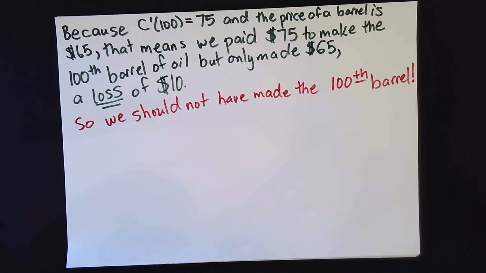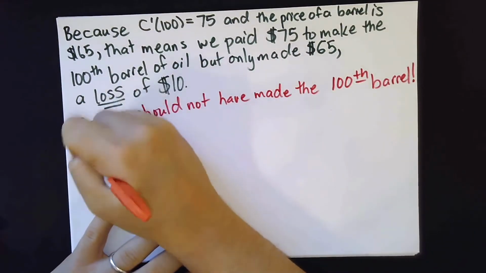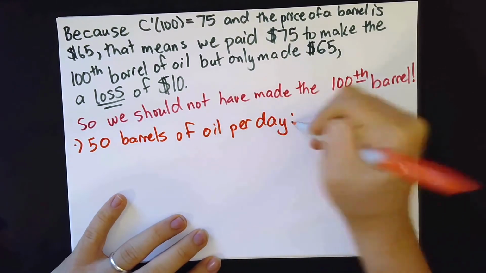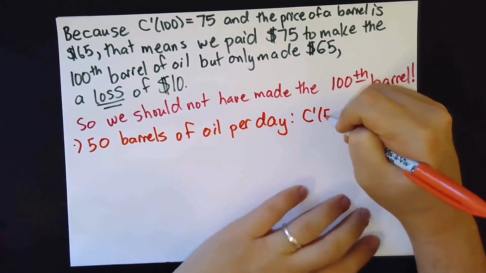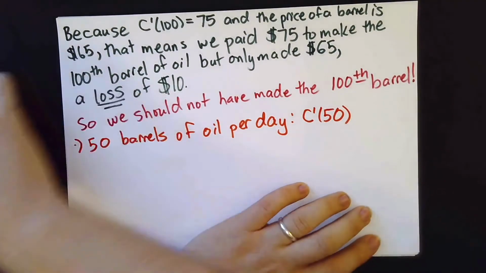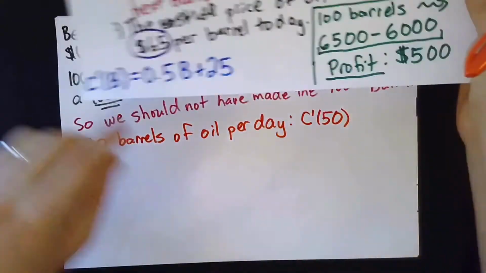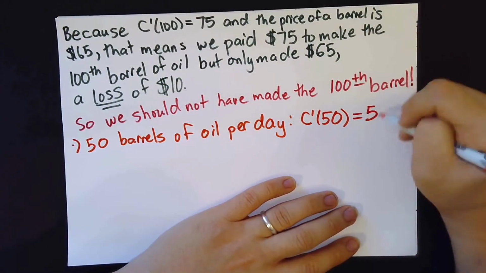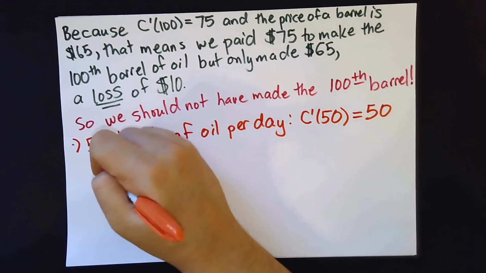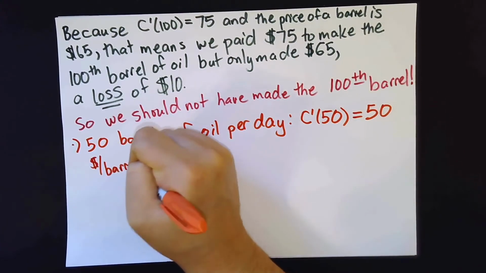What if instead we tried making 50 barrels of oil per day? At 50 barrels of oil per day, the marginal cost, this C prime of 50, works out, because of our formula, to be 50. And so that's, again, in dollars per barrel.